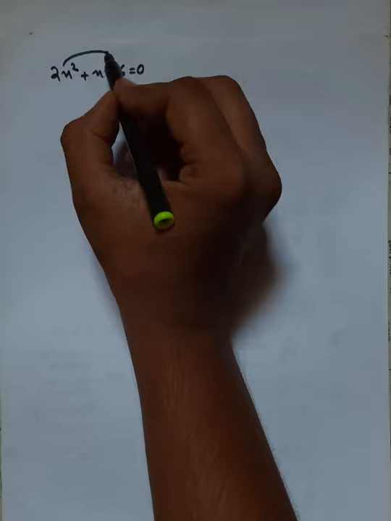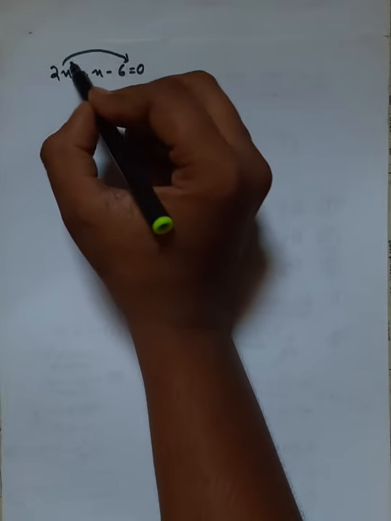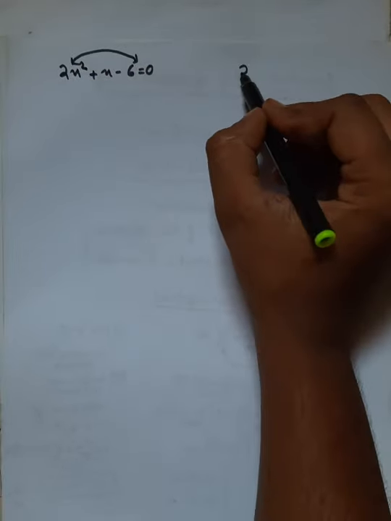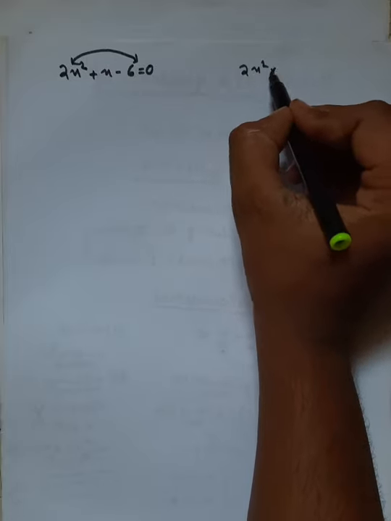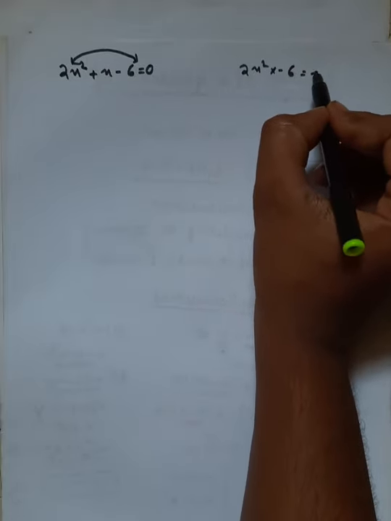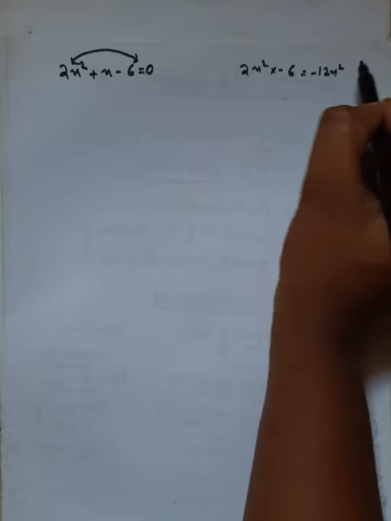Now we have to multiply the first term with the last, that is 2x square into minus 6, this will be minus 12x square.